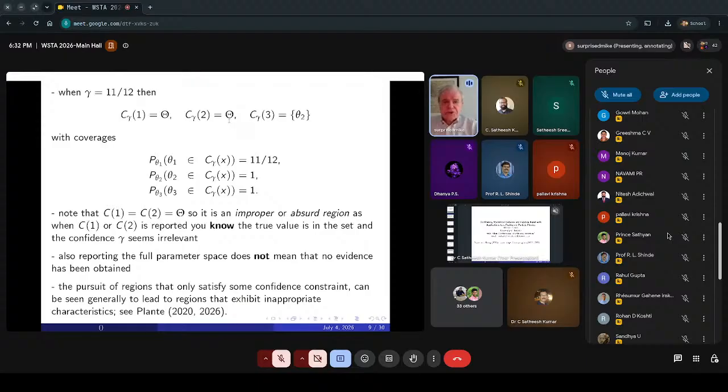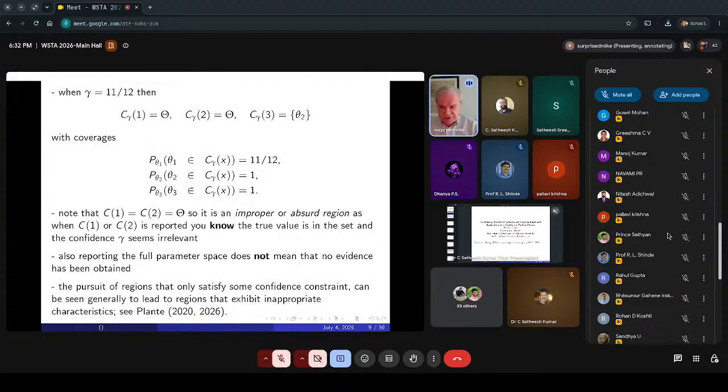The reason that they're absurd is that suppose I observe 1, and I report to you the confidence region is equal to the entire parameter space. Well, the confidence is 11/12, but you look at that and you say, but I know with absolute certainty that the true value is in that set. So the confidence of 11/12 seems kind of absurd, irrelevant there, right? We don't want confidence regions that equal the entire parameter space.